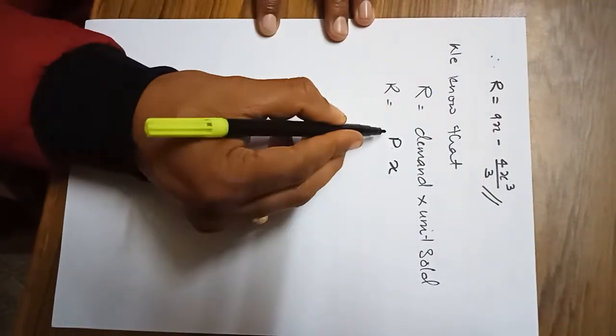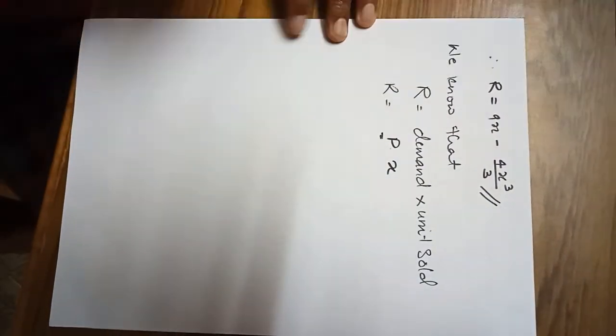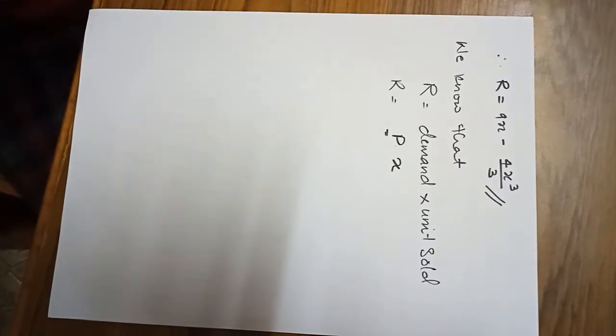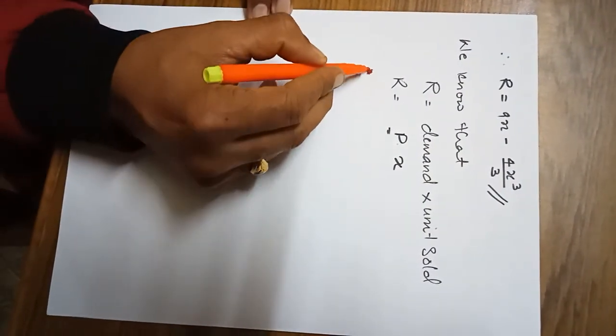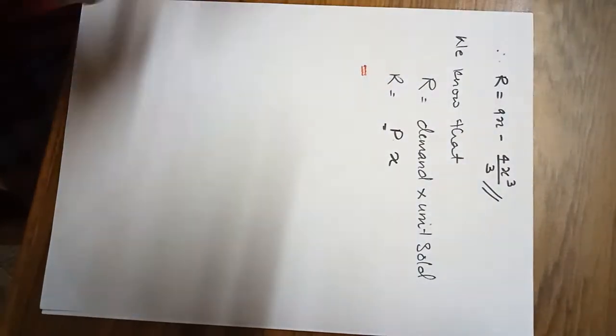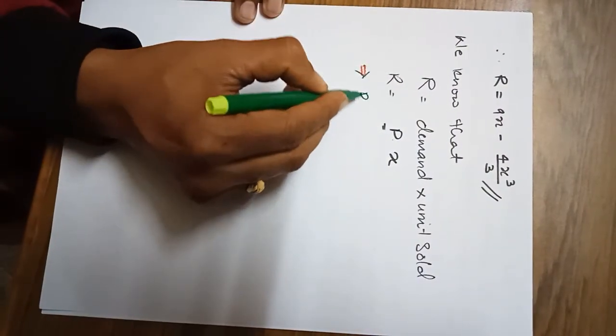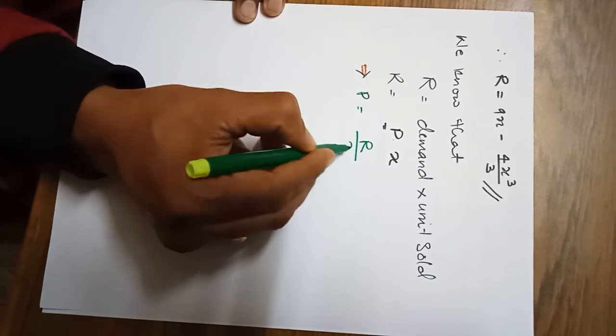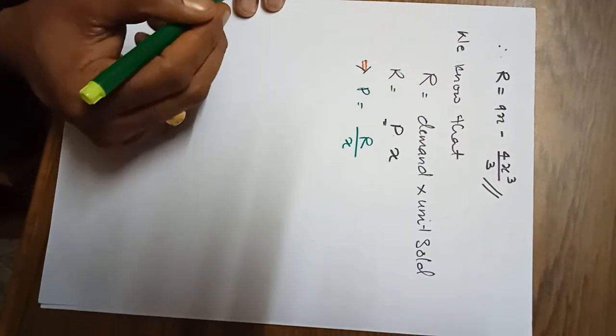From here you need to find the value of p, which implies that p is equal to R divided by x. So this is your demand function p.